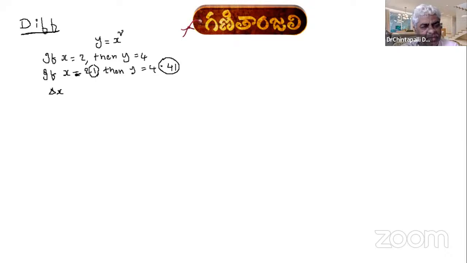Delta means difference. Delta is the first letter in Greek. Delta is the first letter of the Greek word for difference. In all languages, some words are similar.